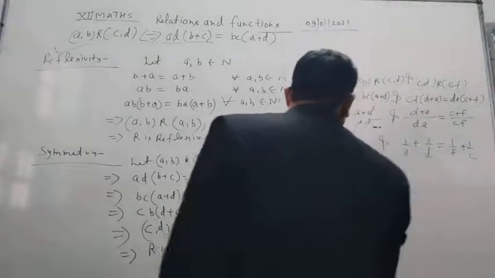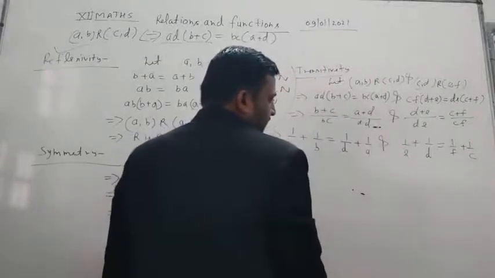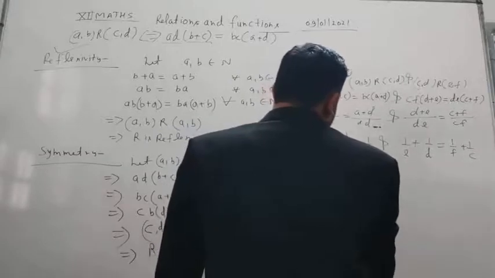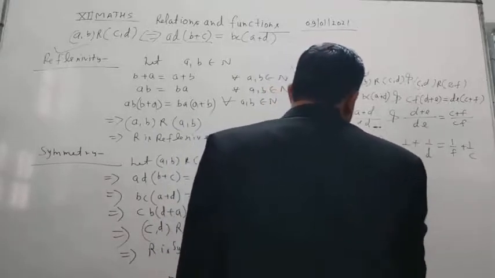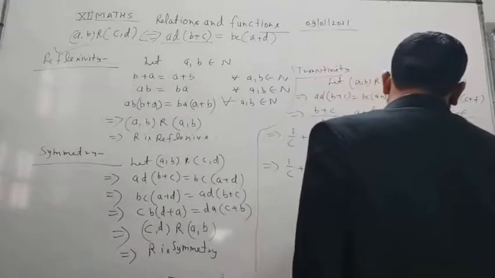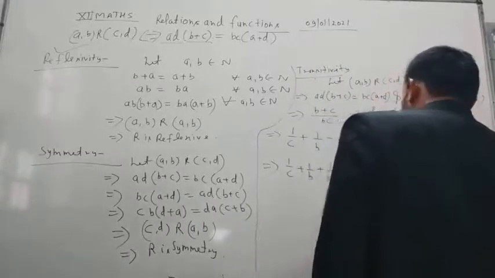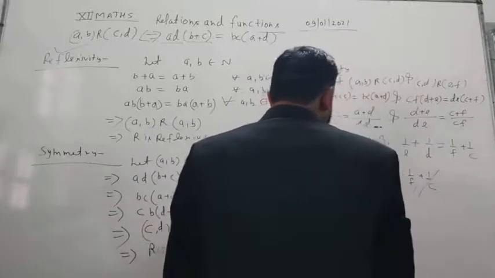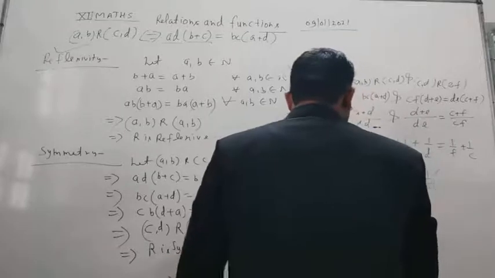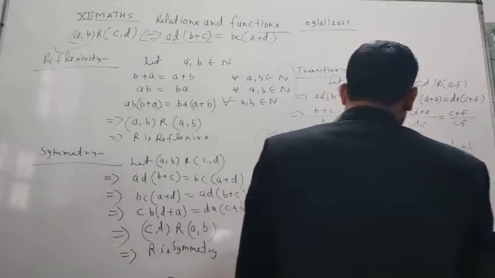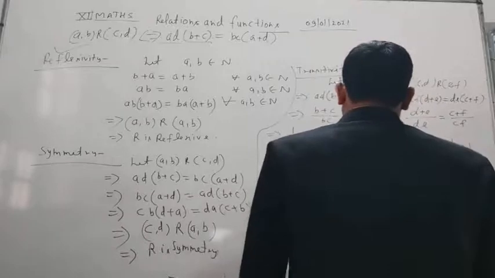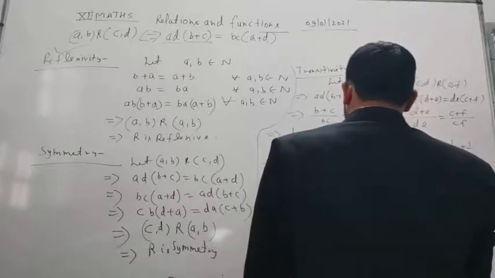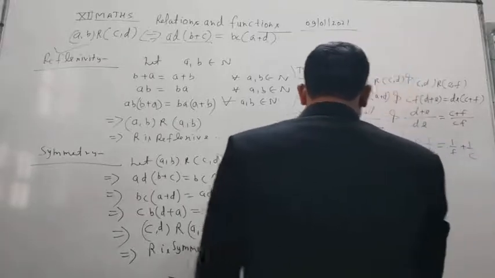Now we will add the left sides and the right sides: 1/C + 1/B + 1/E + 1/D = 1/D + 1/A + 1/F + 1/C. Okay, student, we see that 1/C and 1/C cancel, and 1/D and 1/D also cancel.